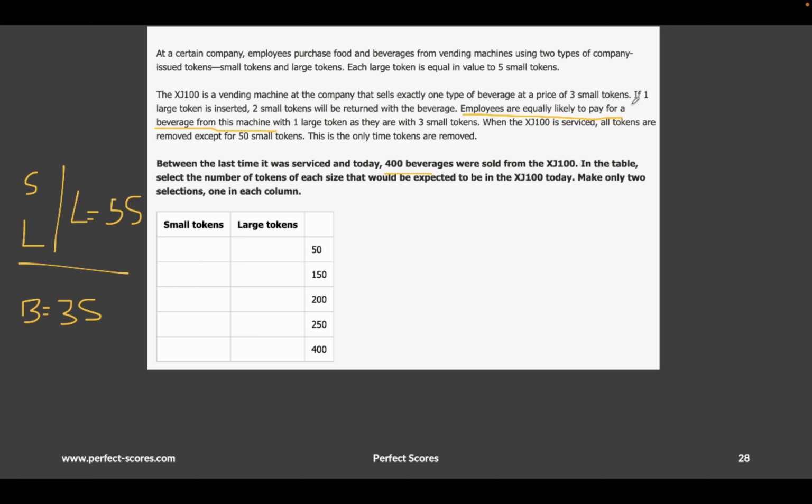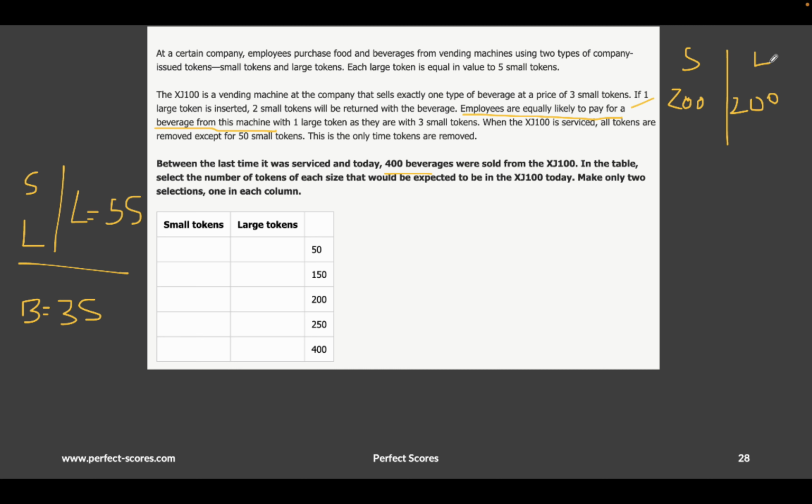Now, if I use this information, that means 200 beverages were sold using small tokens and 200 beverages were sold using large tokens.